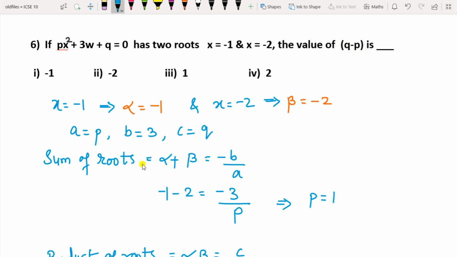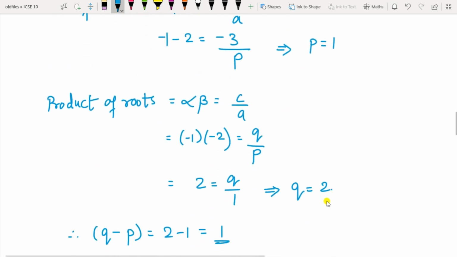So write the sum of the roots. Alpha plus beta is minus b by a. Alpha is minus 1, beta is minus 2 and b is 3 here, a is p, so the value of p will become 1. Then apply the product of roots, alpha into beta, that is c by a.